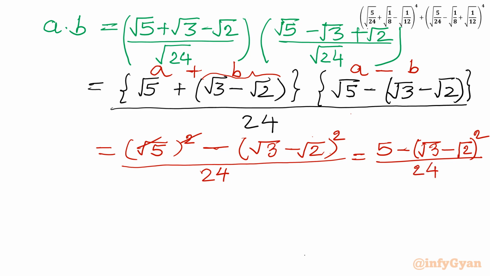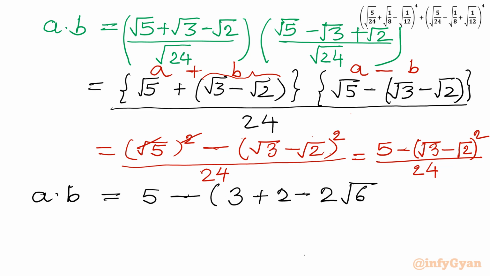Let's apply one more algebraic identity, a minus b whole square. So it would be 5 minus a square, so root 3 square is 3, plus b square, so plus 2, minus 2ab, 2 times root 3 times root 2, so 2 root 6, divided by 24.